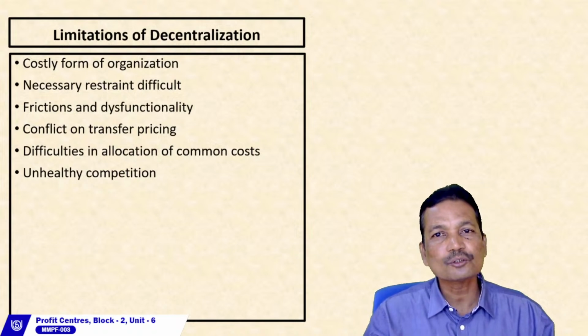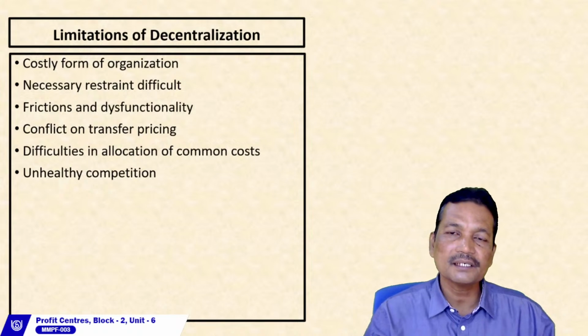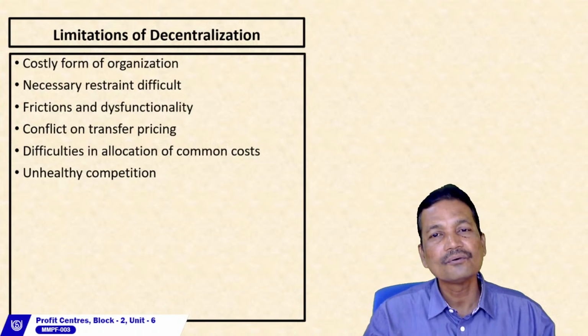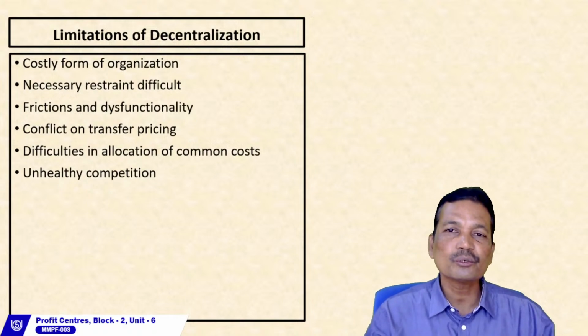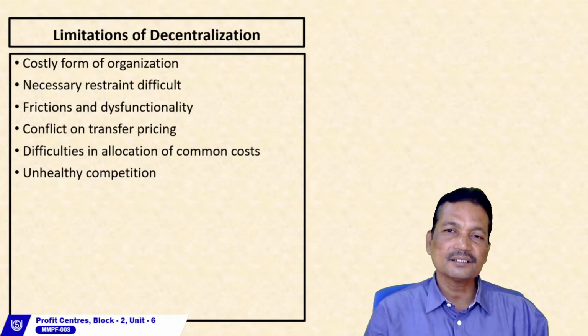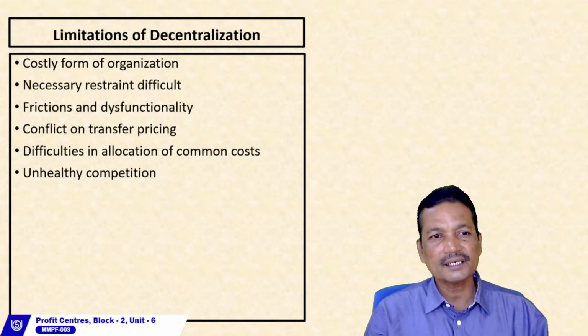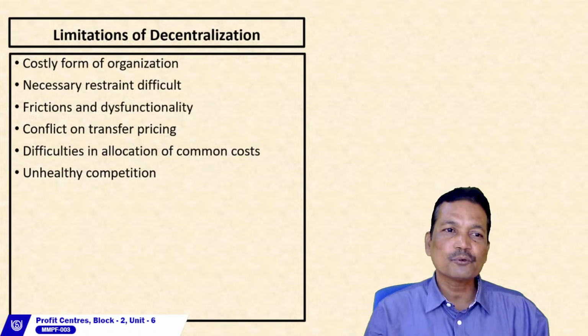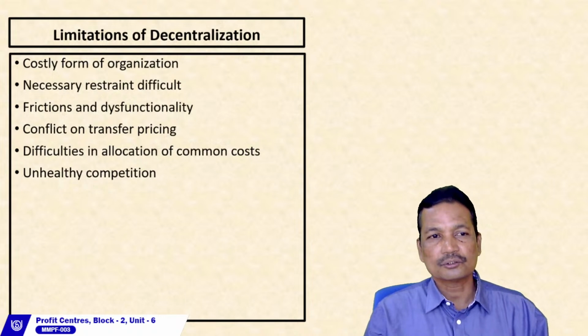However, this is also duplicated at the head office level. So thereby we find multiplicity of recording and storage of those transactions or information at various levels of the organization, which will prove to be more costly.